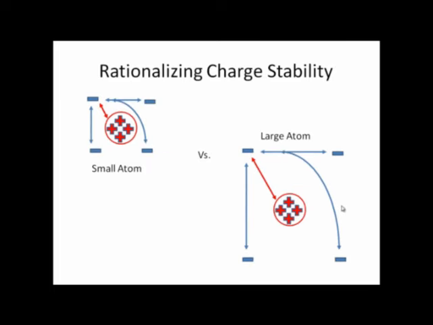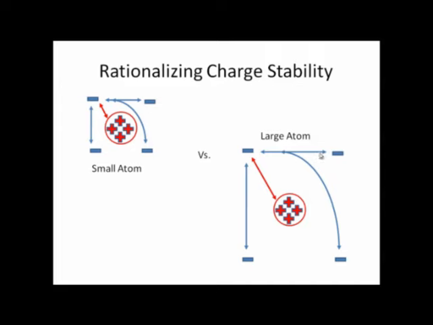And so to rationalize the charge stability for small atoms versus large atoms, if you look at a small atom, you can see that the electrons are all quite close to the nucleus and are having strong pull toward the nucleus. The electrons are also quite close to one another and strongly repelling one another, compared to a large atom, where the electrons are further out. The electrons are attracted more weakly to the nucleus. They're also repelling one another more weakly.